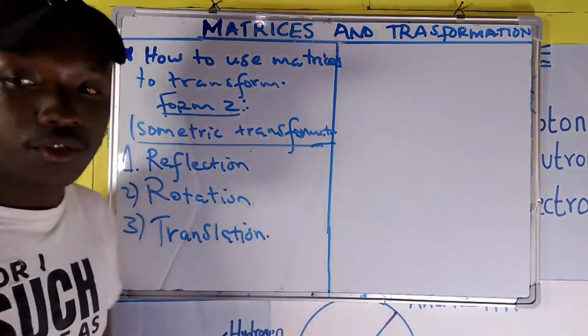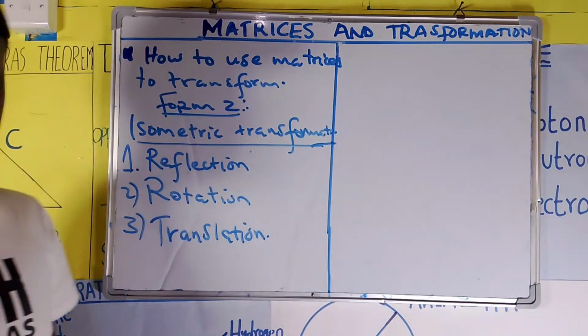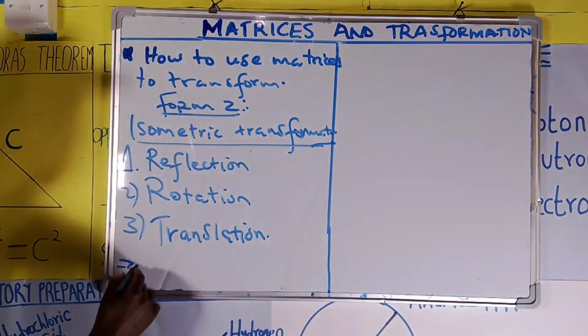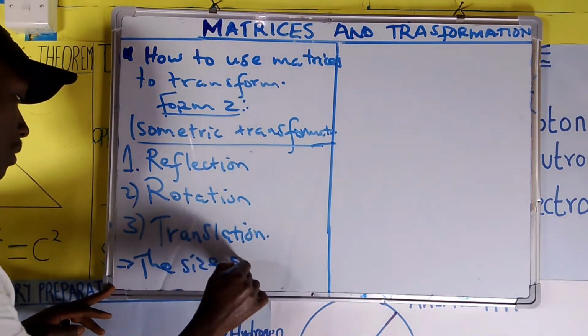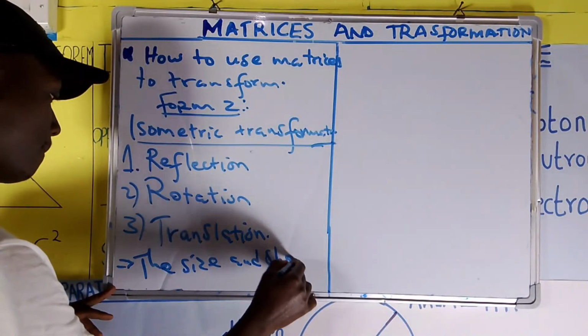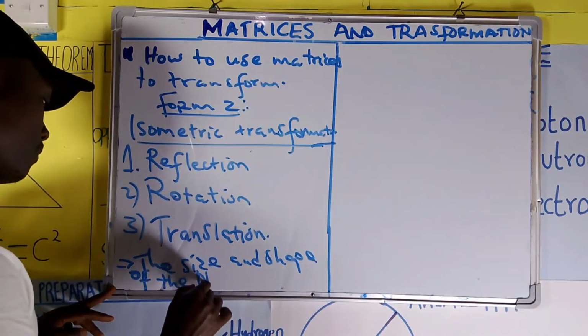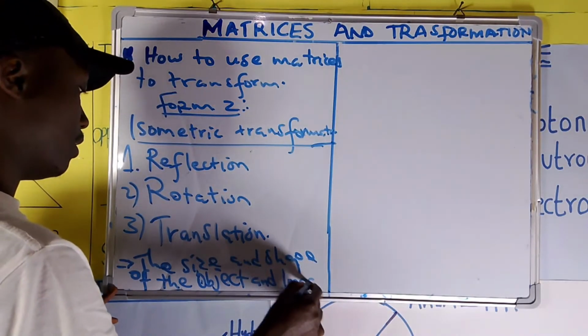Why are they referred to as isometric transformation? Isometric simply means the size and shape of the object and image is equal.